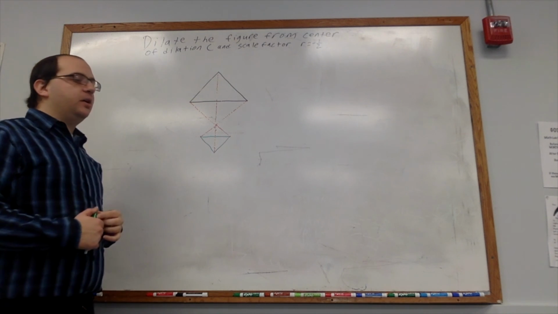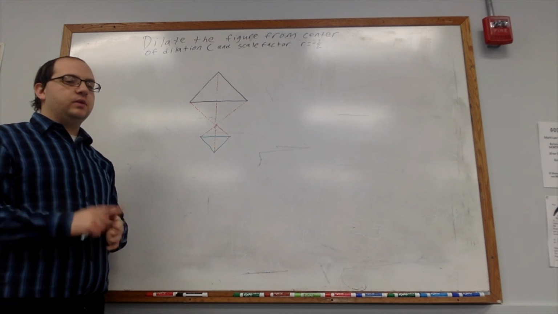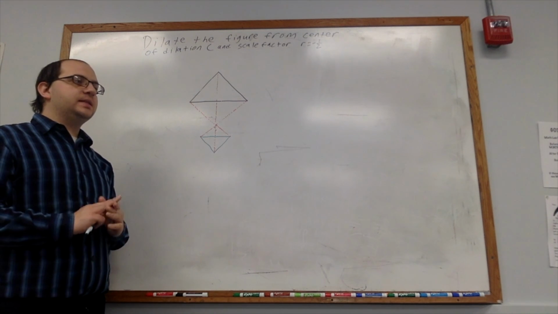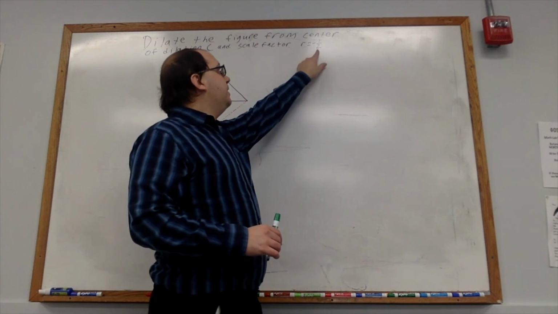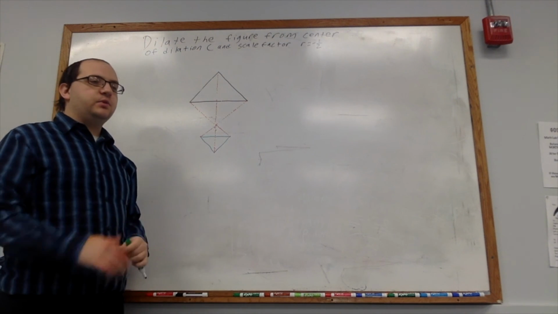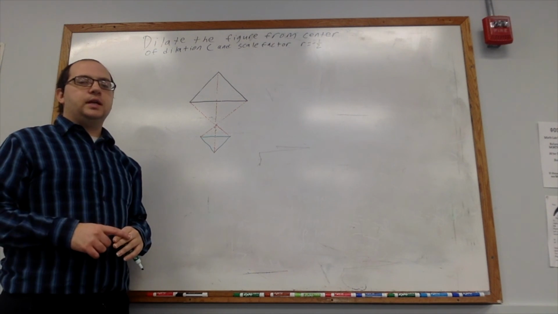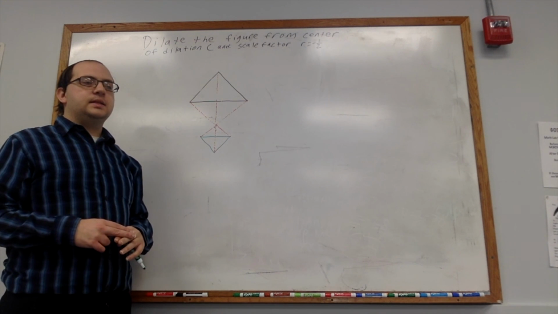So now we have to figure out what kind of transformation it is. So those 3 I gave you before, reduction, enlargement, and congruent, stay the same. And you only care about the number, not whether it's negative or not. So if it's between 0 and 1, it's still a reduction. If it's greater than 1, it's still an enlargement.